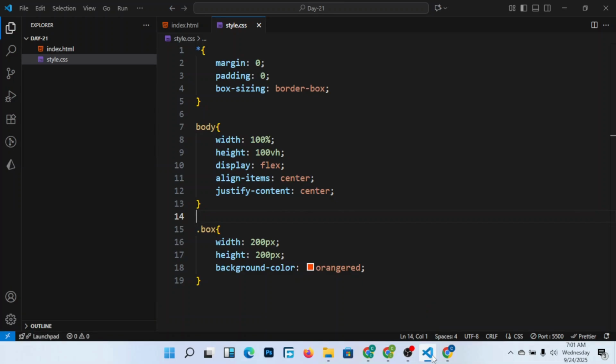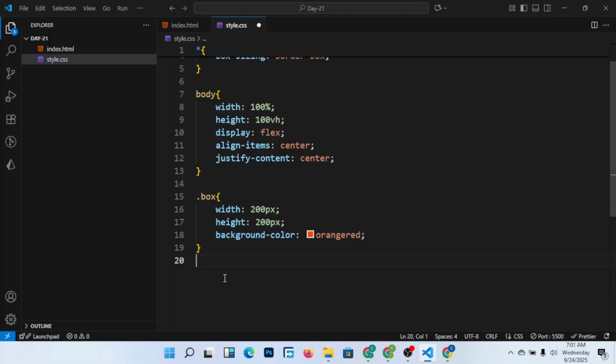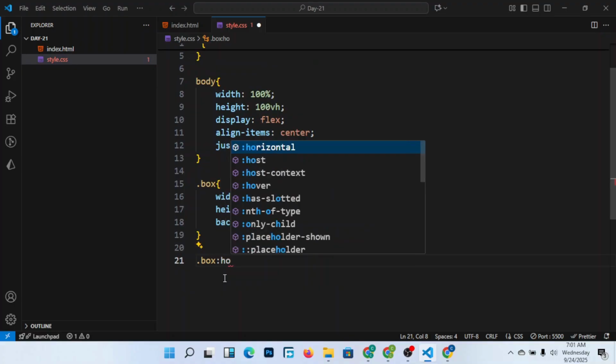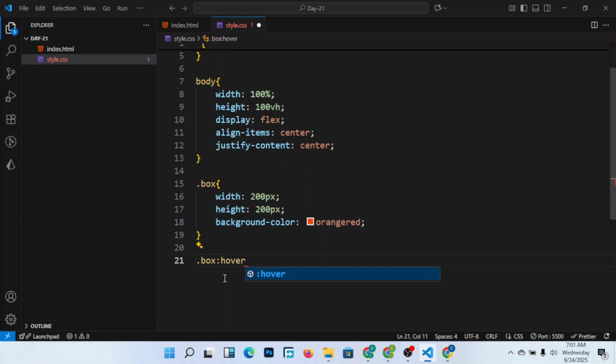Having understood that, now I'm going to come here. I use something called the hover property. I come here and say .box, .box:hover.